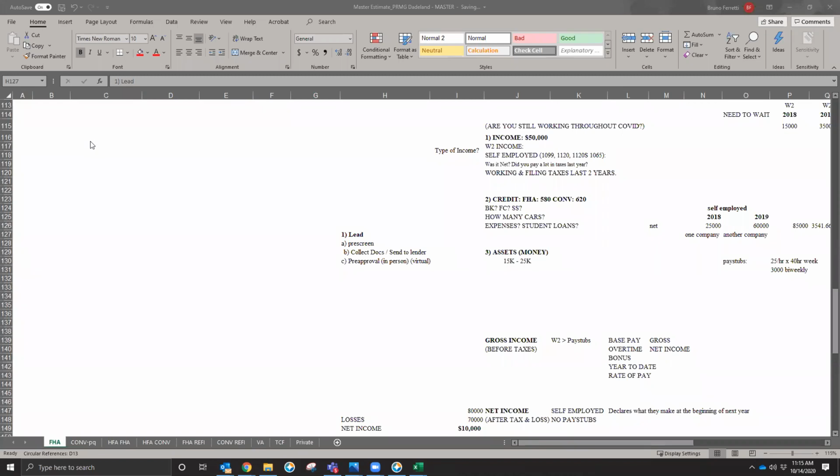And in turn, they don't get discouraged, because what happens to a lot of agents is they get stuck between lead, lender, lead, lender, lead, lender. And in between, everyone that calls them, they show a house, or it takes them a week to get a response from the lender on the pre-qual, because the lender had to request documents and the client didn't send them for 2-3 days because he was working.